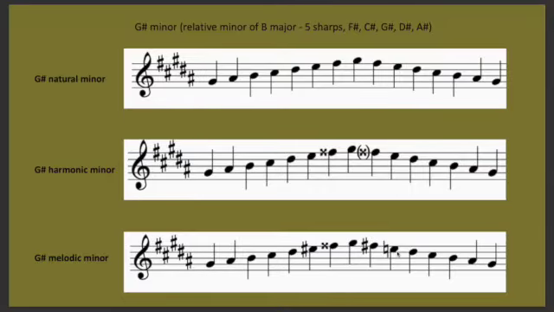So I'm going to play each of these scales for you to really hear the differences. So this is G sharp natural minor. This is G sharp harmonic minor.